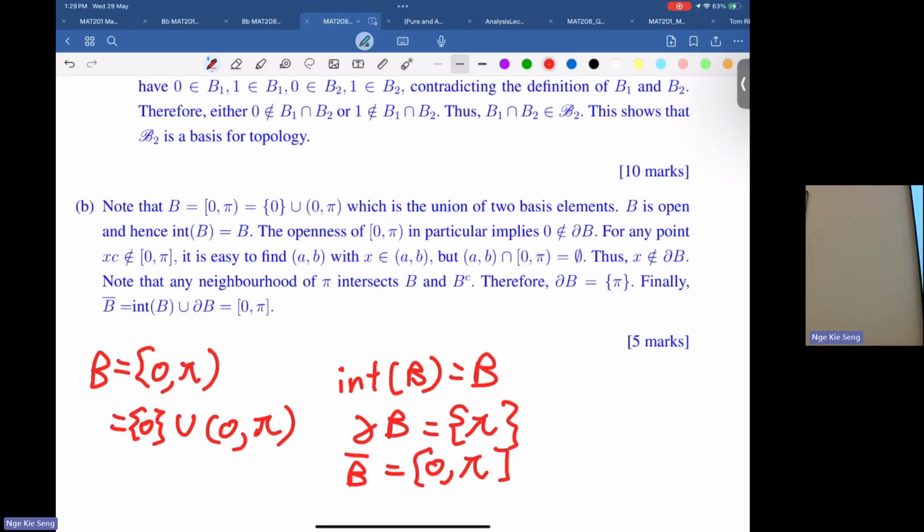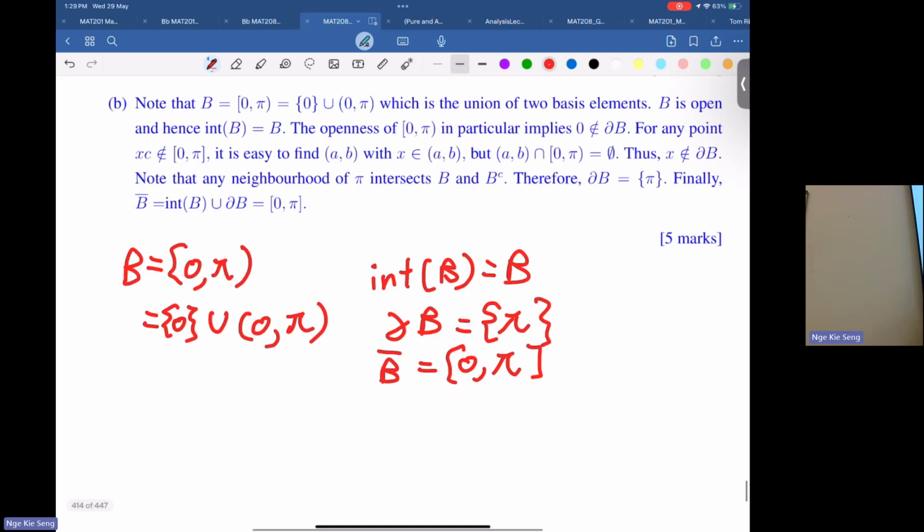I only declared integers to be open. So you have to include something like pi plus epsilon, which is in the complement of the set. But anything other than pi has some distance from pi already, so you can squeeze your neighborhood.